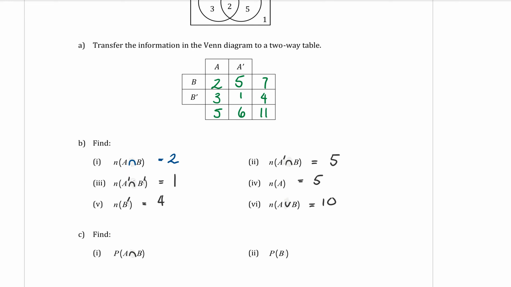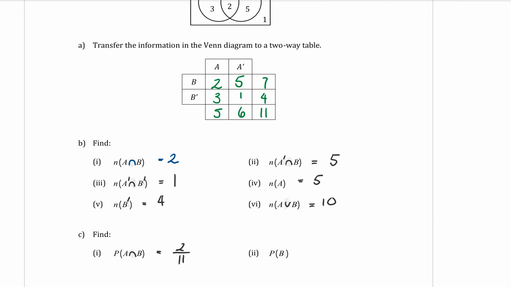And means the overlapping. It's the 2. So it's 2 out of 11. Good. The total, which is this number here, is 11, or adding all those numbers up, 11.